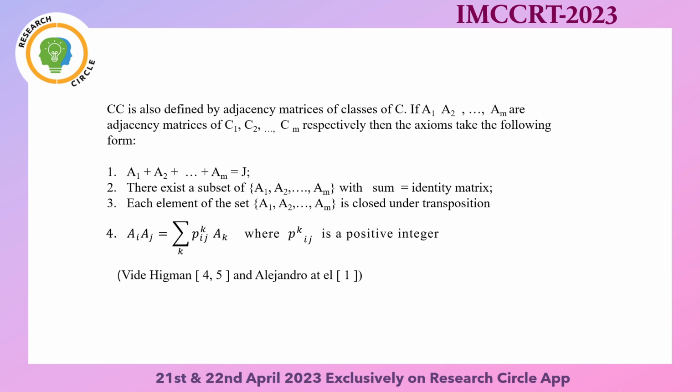The third one says that the set of matrices A1, A2 up to Am is closed under transposition. And the fourth one says that each matrix product AiAj is equal to summation pijk Ak, summation varying over k, where pijk is a non-negative integer.